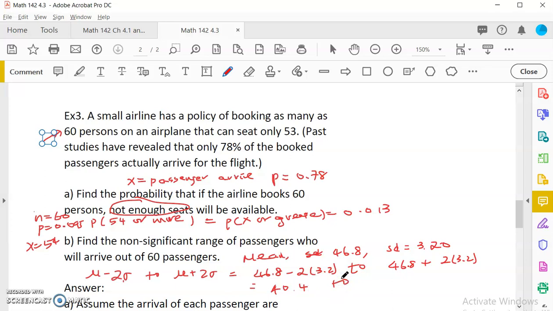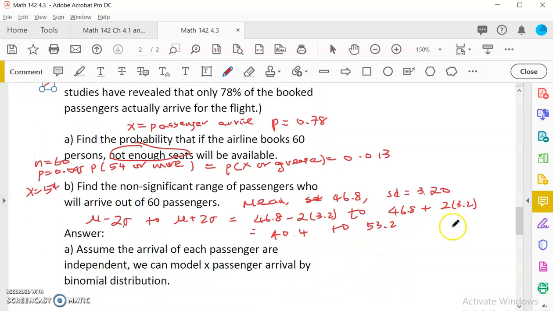Adding 2 standard deviations, it could be as high as 53.2. So these are the numbers of people that usually will come. They are all very usual. If it is higher than 53, I'm very surprised.